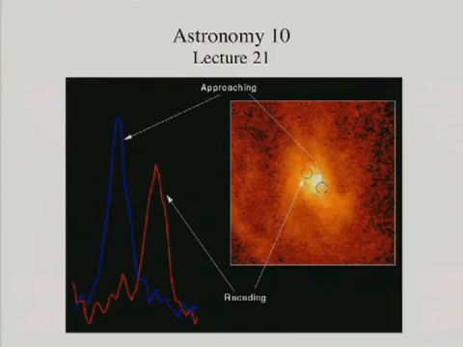The size is determined by the distance from the nucleus, plus the distance of the object. That determines the size. And so you have the ingredients, v squared equals GM over r. You know what v squared is. You know what r is. You can solve for M. The mass of this thing is 1 billion solar masses, 10 to the 9th solar masses, in the form of a black hole.